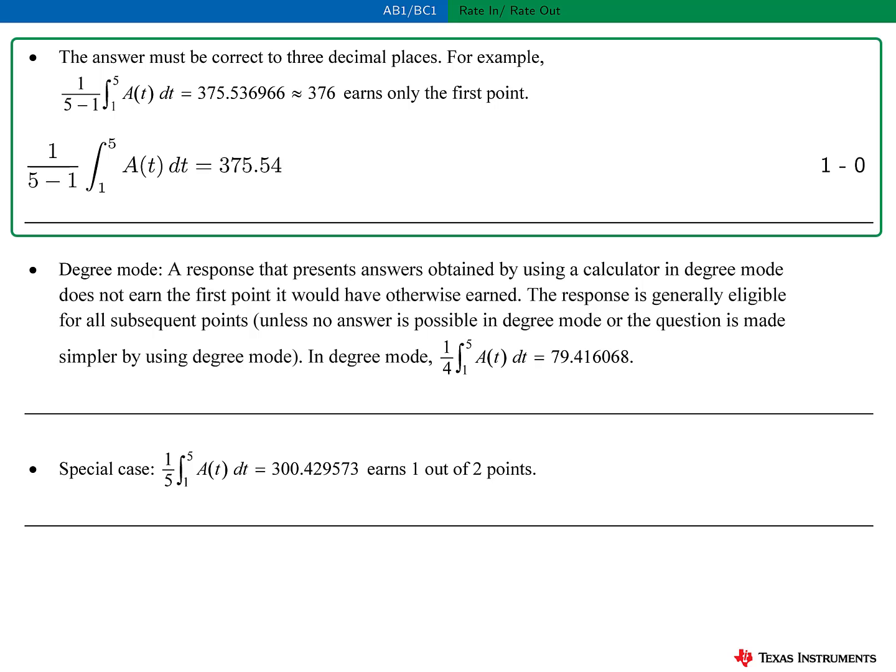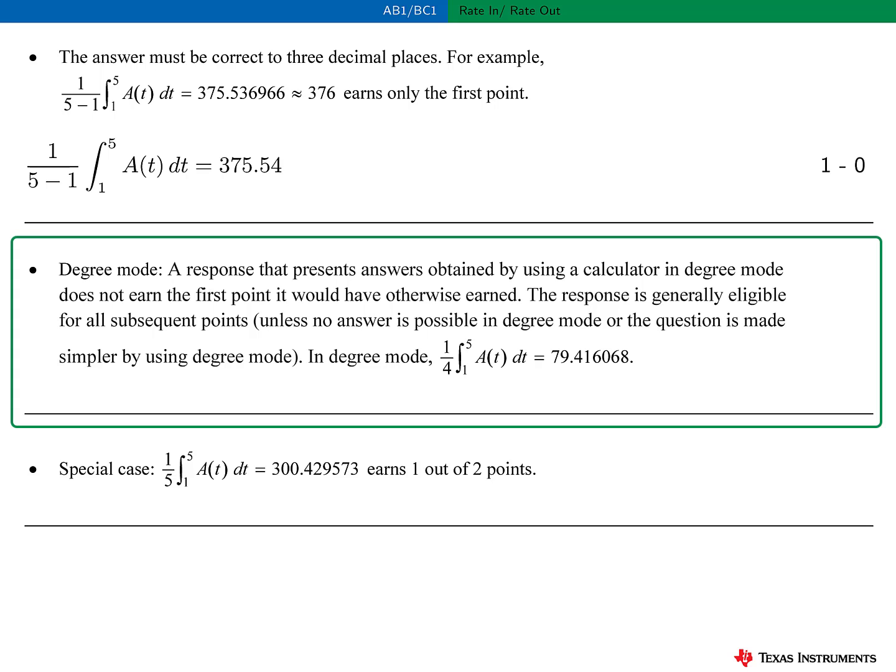Now note that if this error is made, the response will not lose any additional points in this problem for decimal presentation errors. Some students, unfortunately, tried to solve this problem with their calculator in degree mode. Now, I don't intend to discuss this issue in great detail. It is enough to say that we have a very fair way to recognize and score these responses.